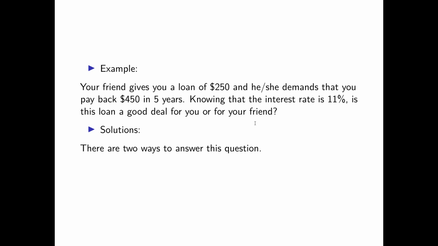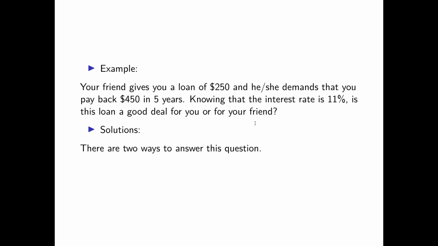Now, it's important to understand why the interest rate is given here. It means that if you were to take a loan of $250 at the bank, the interest rate that would be applied to it would be 11%. So what you want to do is find out if taking a loan from your friend is the best choice, or maybe go to the bank instead.